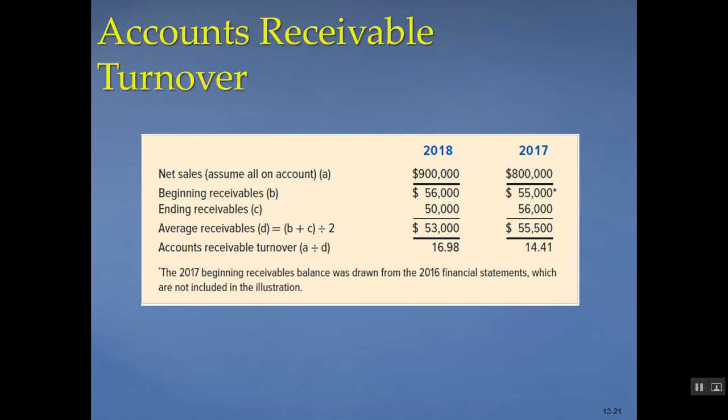So what this is telling us is that receivables get turned into cash 16.98 times per year versus 14.41 times last year.